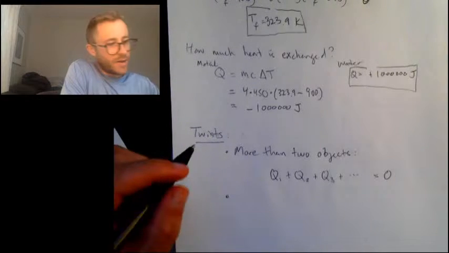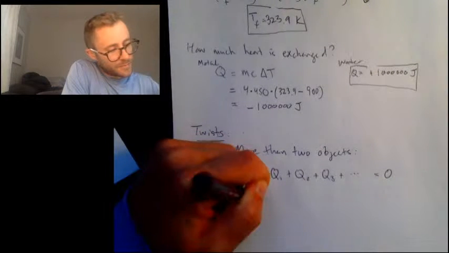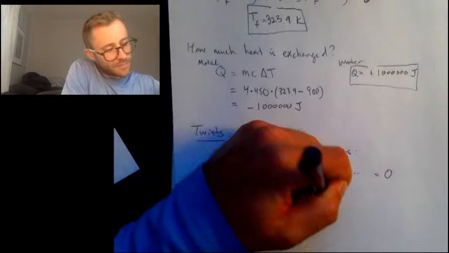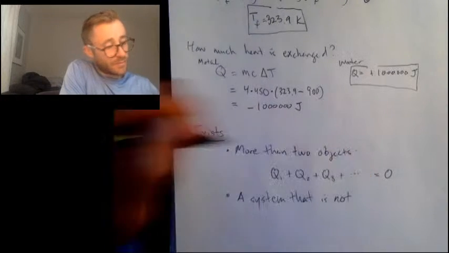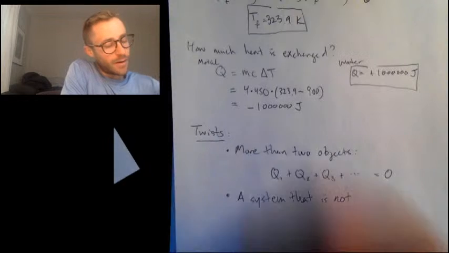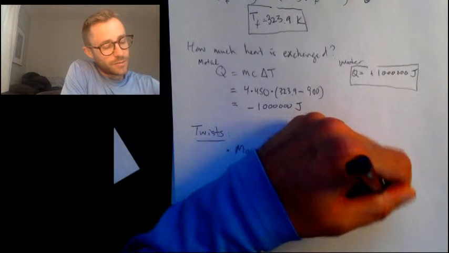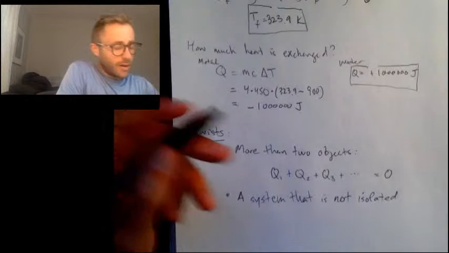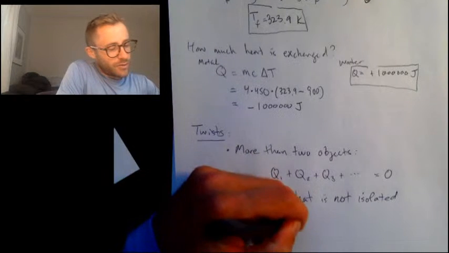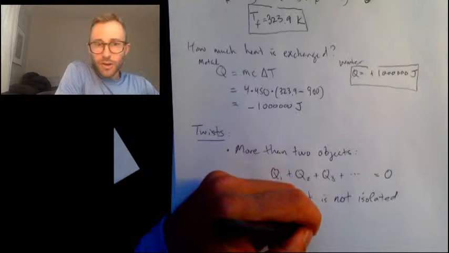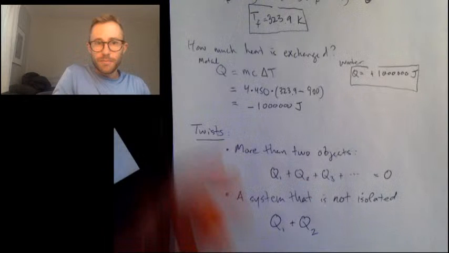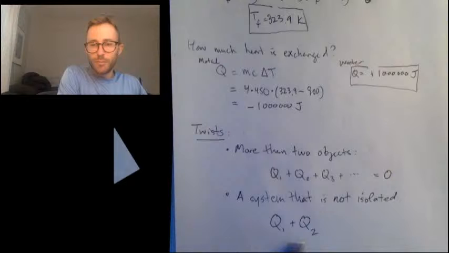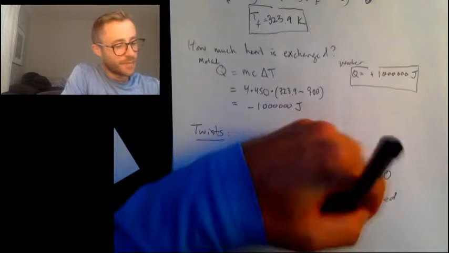What if you have a system that is not isolated from the surroundings? If you have something that is not isolated from the surroundings, then the surroundings are going to input heat into the system. So in this case, Q1 plus Q2 will not equal 0.